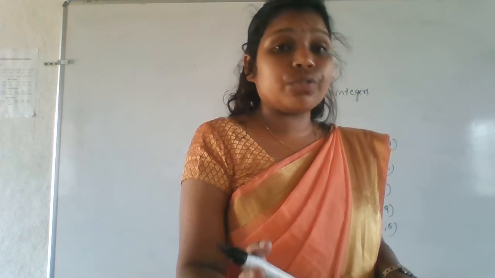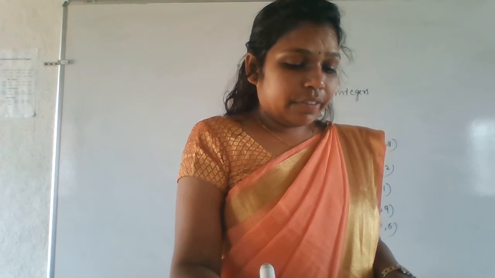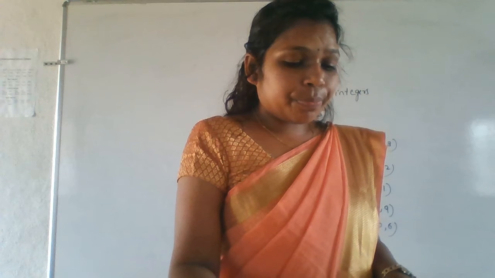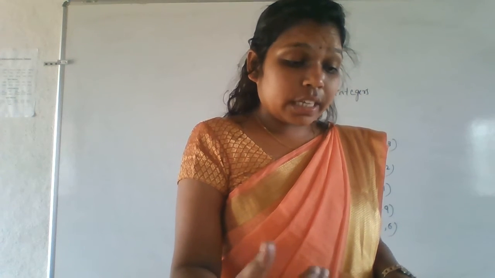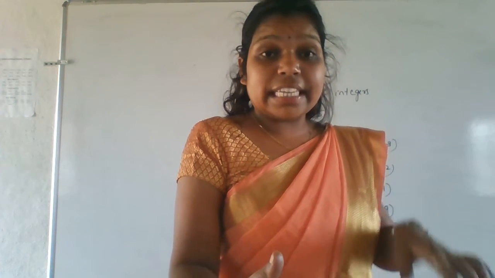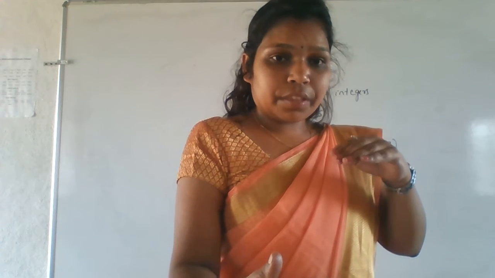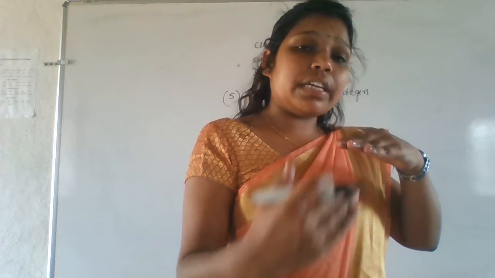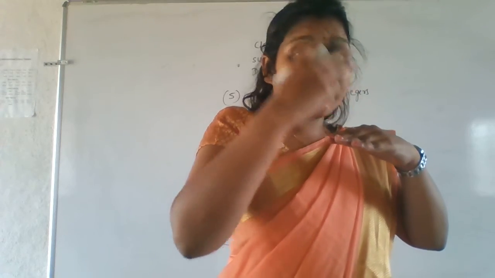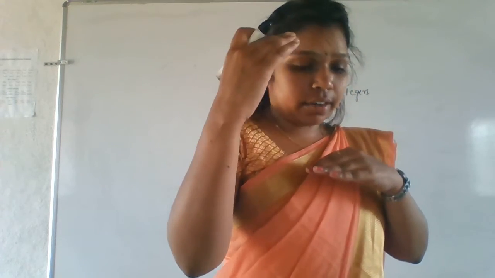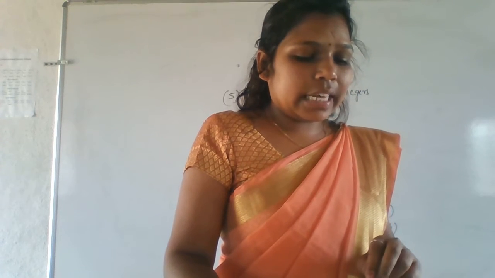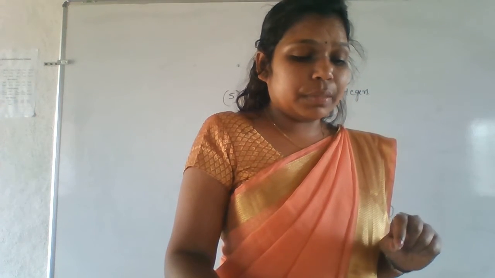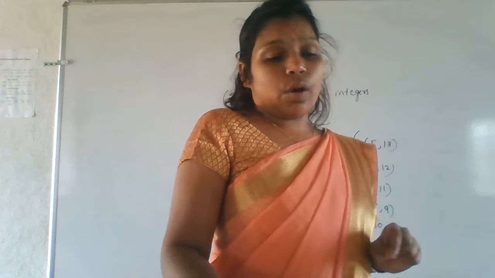Per minute how much? 5 meter. If the descent starts 20 meter above the ground level, it means initially it is at 20 meter. From the 20 meter it will go down 5 meter per minute. How long will it take to reach 300 meter below the ground?